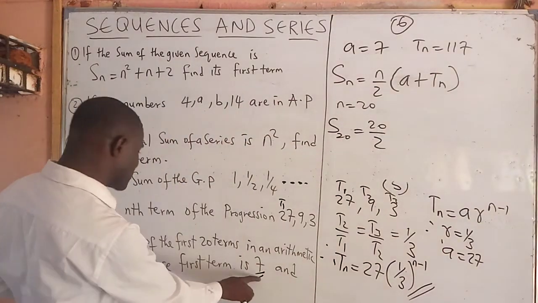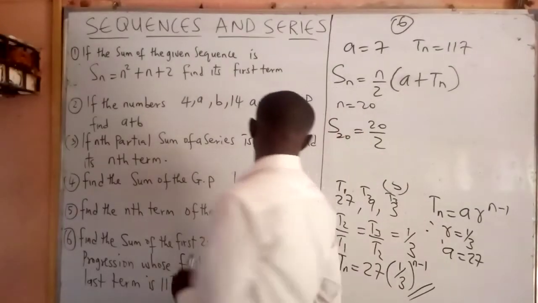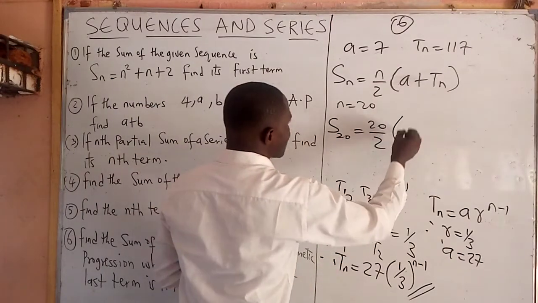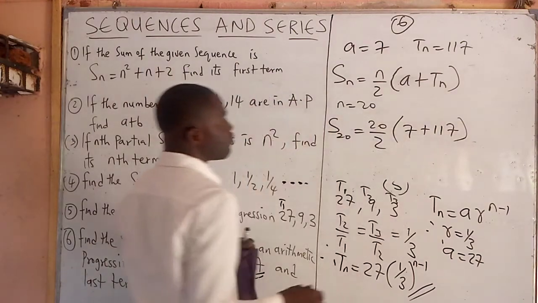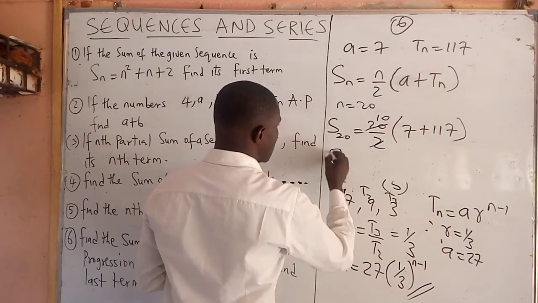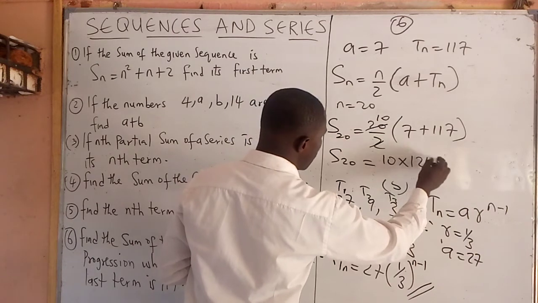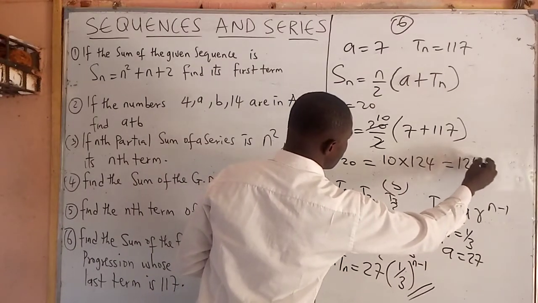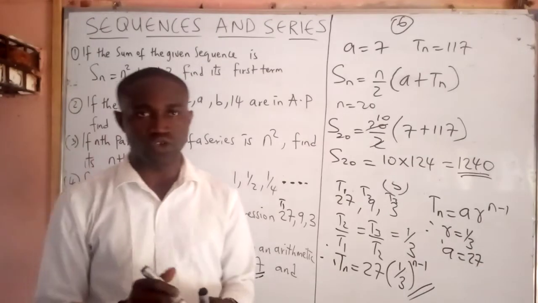First term is 7 and the last term is 117. So bracket 7 plus 117. 7 plus 117 will give me 124. 20 divided by 2 is 10. S20 equals 10 times 124. That is 1240. That is the final answer to the question we have for today.